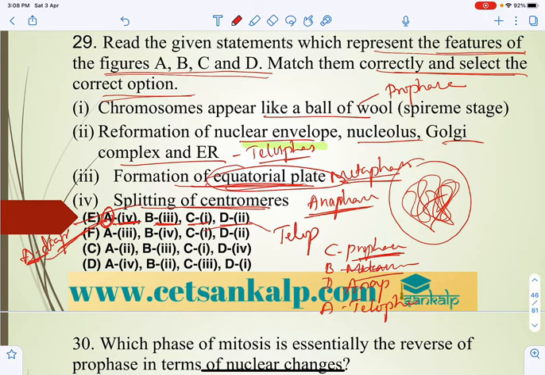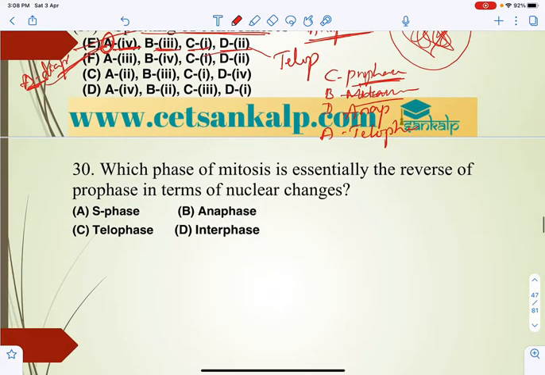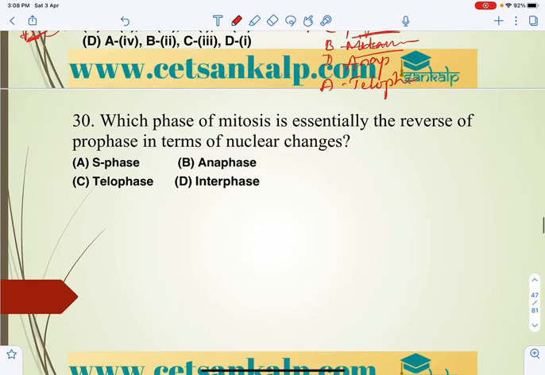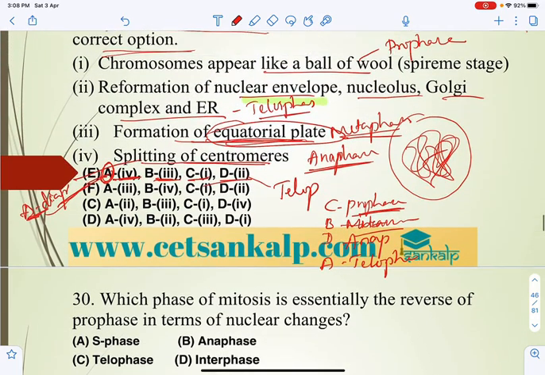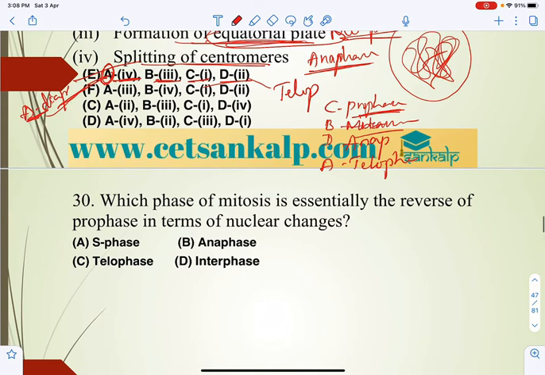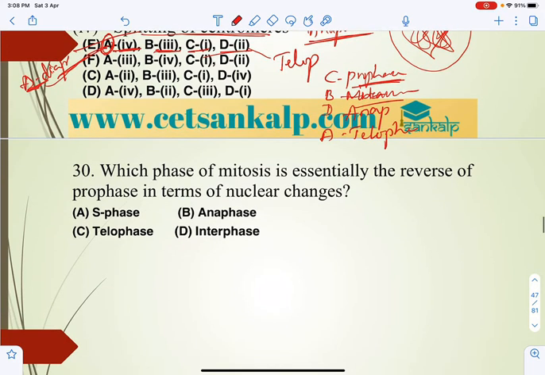Next. Let us take the next option. Which phase of mitosis is essentially the reverse of prophase in terms of nuclear changes? So reverse of prophase means what?